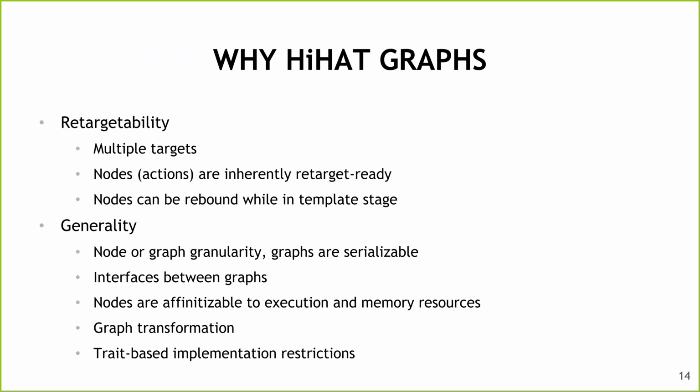So again, I think a number of the places where we see that it's useful to have this high level functionality is to support retargetability and generality in the ways that we've talked about before, in ways that can span an interface between multiple graphs, multiple targets.